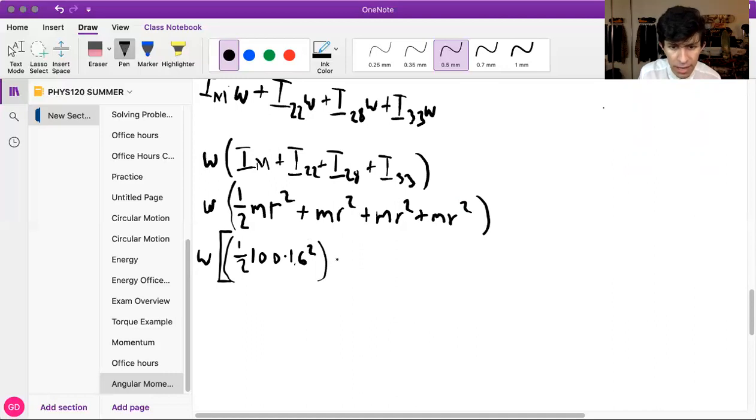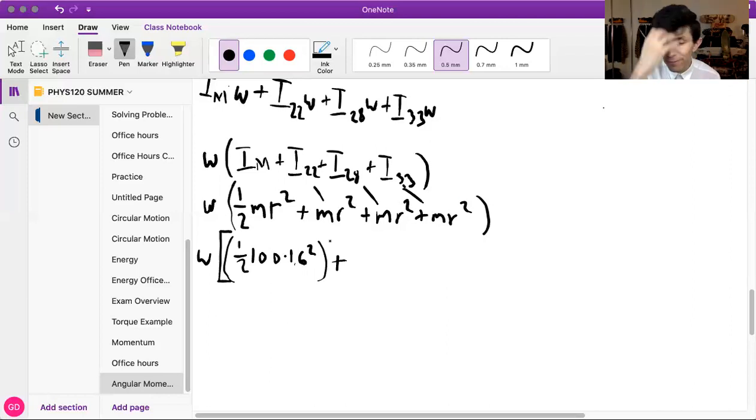Plus, then we have the mass of the first, which is the 22. All of these children are at the same distance from the center of the merry-go-round, the whole 1.6, because they're at the edge. That's the radius, 1.6.